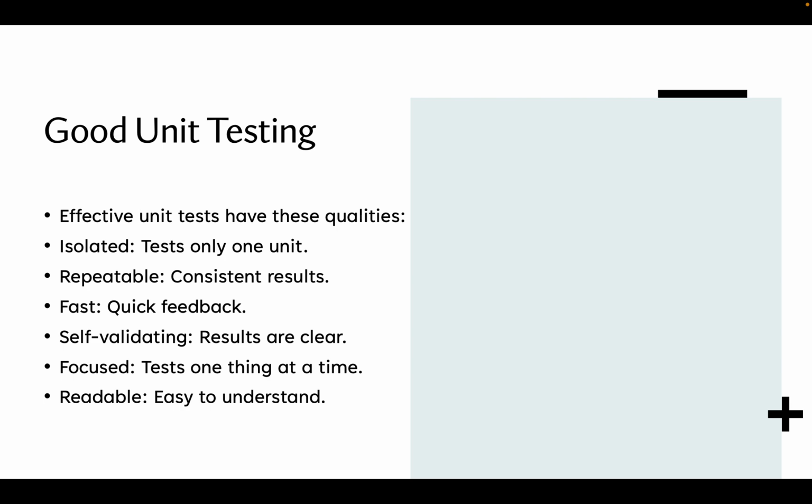Repeatable tests: your tests should yield the same results regardless of the environment. Readable tests: write test names and comments that explain their purpose clearly. This can make it easier for others and your future self to understand them.